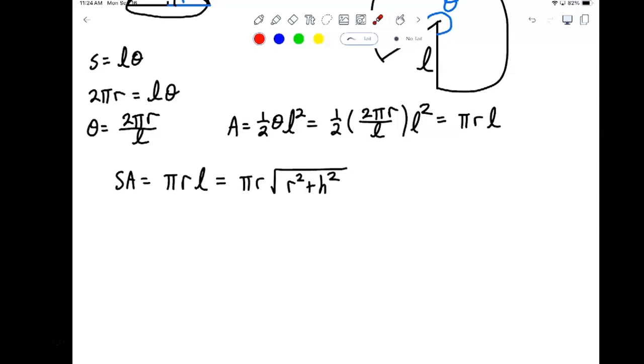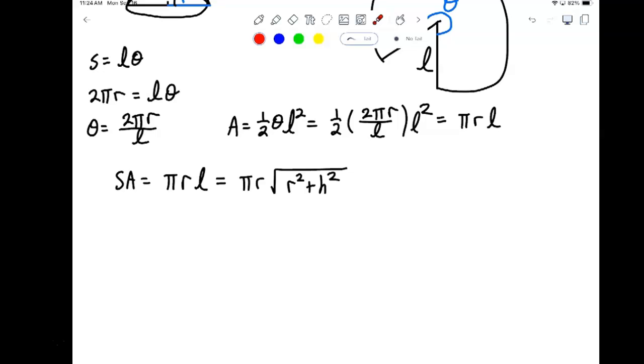Okay, so that's the first idea. We have to talk about the area of a cone.